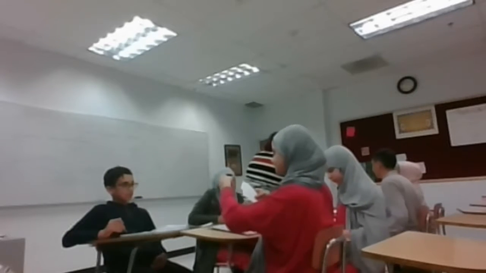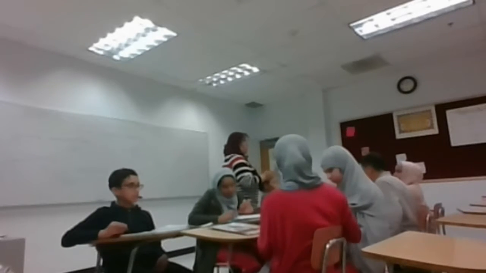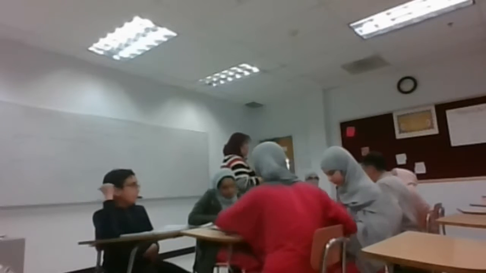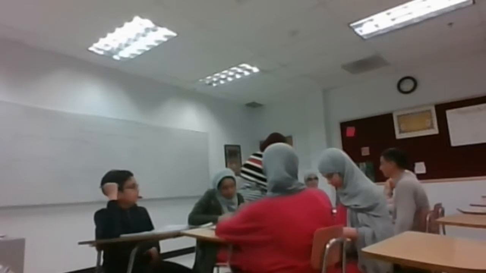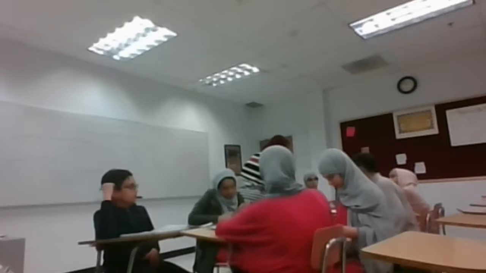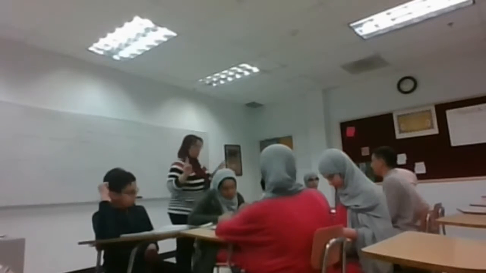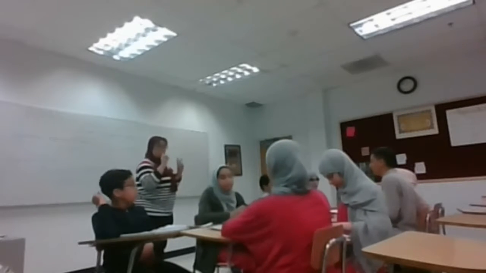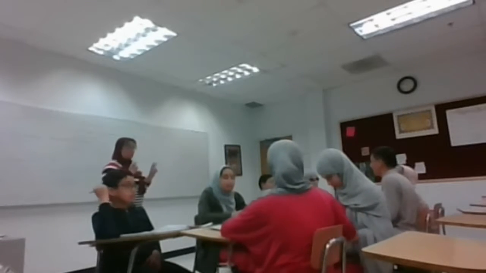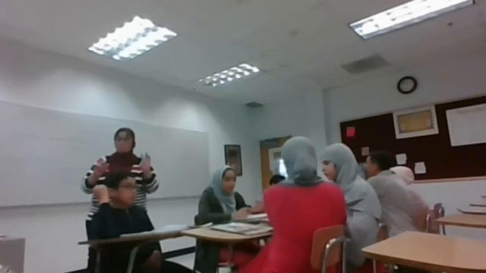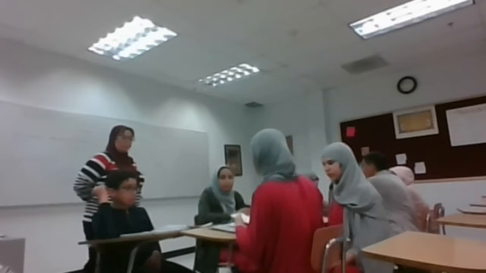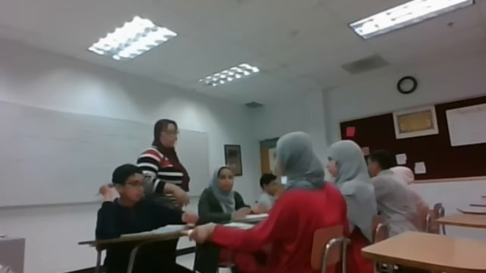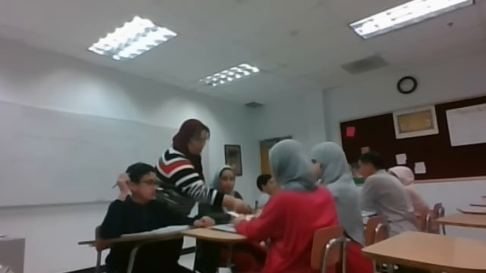So you're gonna pick 2 cards. Each group is gonna pick 2 cards, and you're gonna make a number of 2 digits. The whole group picks 2 cards. And you're gonna show me the number that you have. You have to give the opportunity to everybody to pick a card.